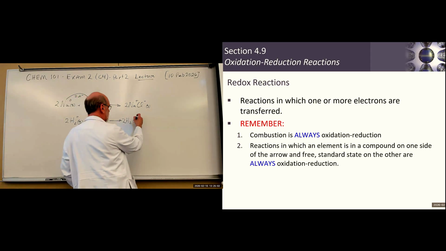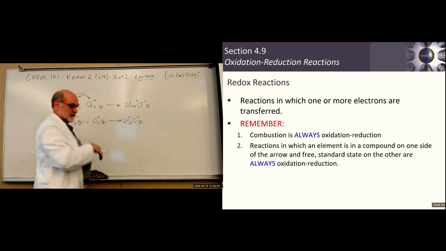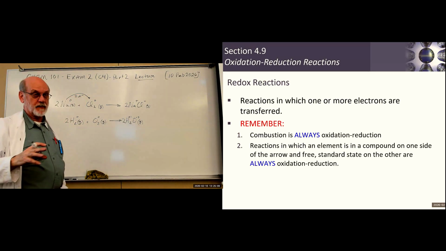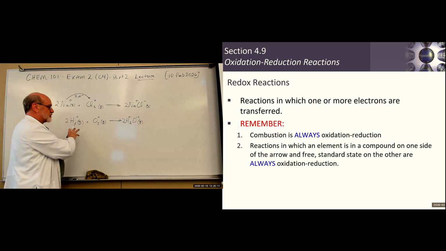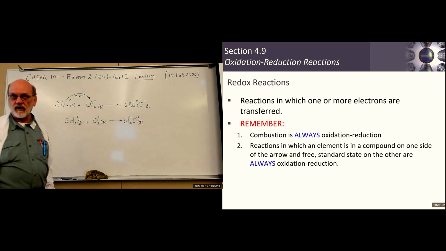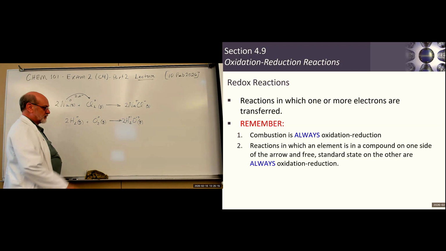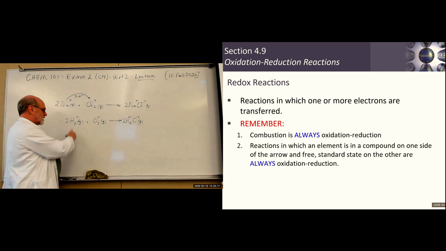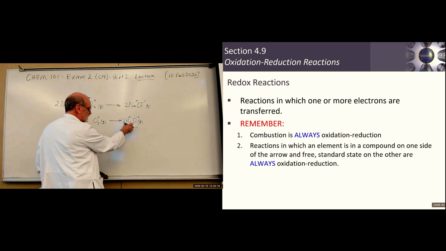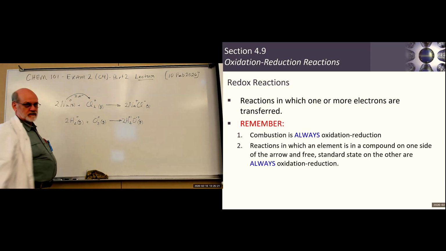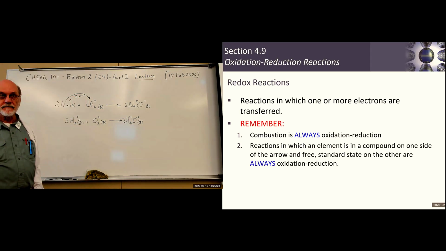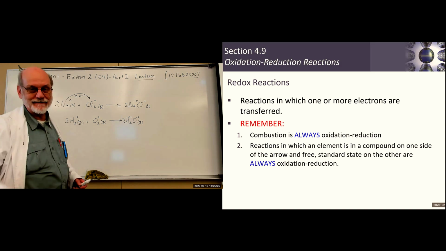And this one has an oxidation state of -2. This one has +1. Remember, they're not ions, but they allow us to bookkeep the electrons. Okay. But the rule of thumb still works. These are elements on this side. They're in a compound on that side. These are both oxidation reduction reactions.